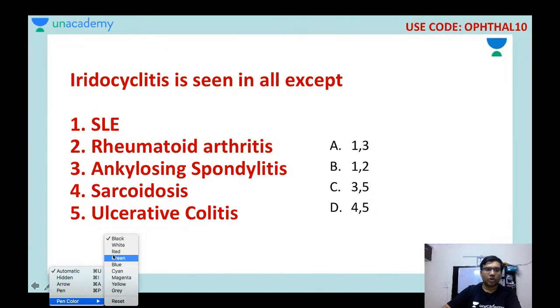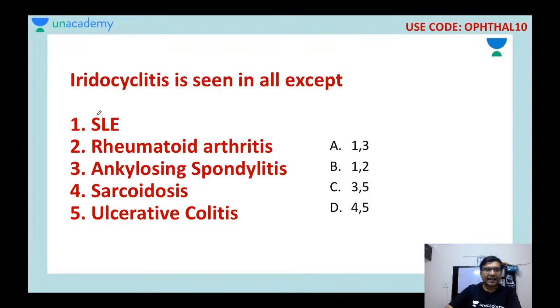So let's see all the options one by one. SLE. Though it is an autoimmune disease, it rarely can cause an anterior uveitis. Remember, iridocyclitis is basically the anterior uveitis. Same with rheumatoid arthritis. Rheumatoid arthritis, which is more commonly a cause of scleritis, is less commonly a cause of iridocyclitis.